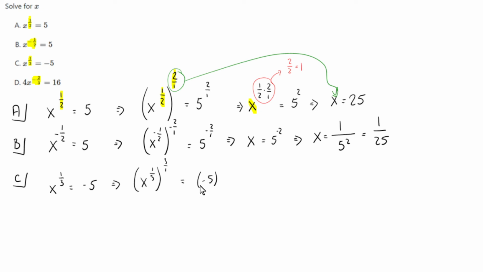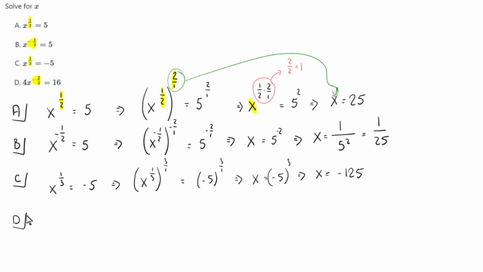Make sure you put brackets around the negative 5 to the power of 3 over 1. This leaves us with x equals negative 5 cubed, which is the same thing as negative 125. So it's negative 5 times negative 5 times negative 5, 3 times.